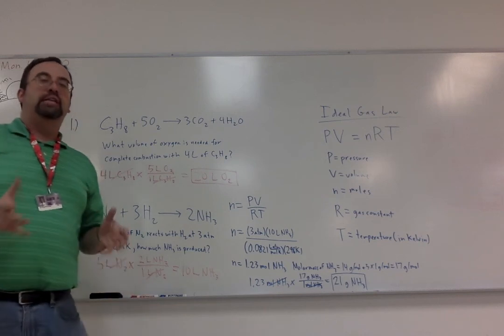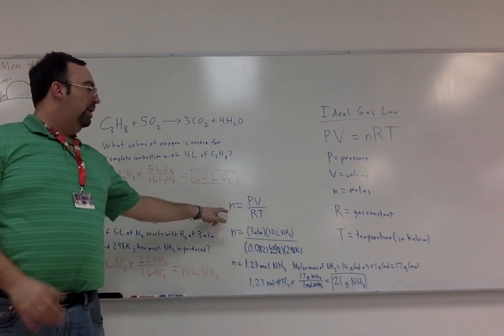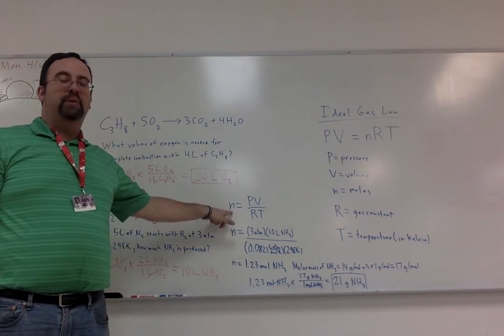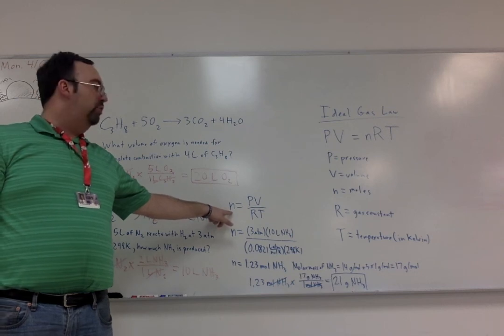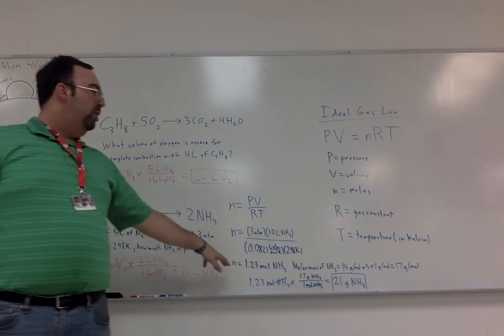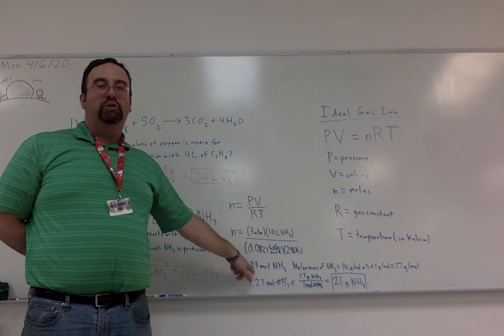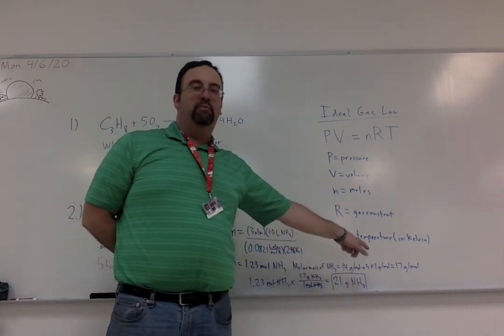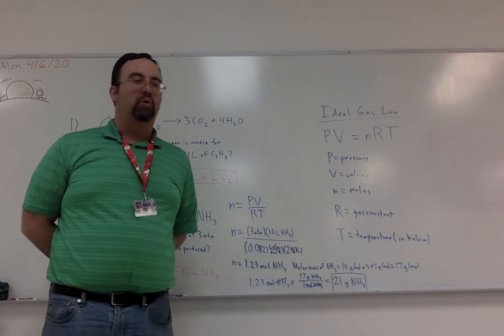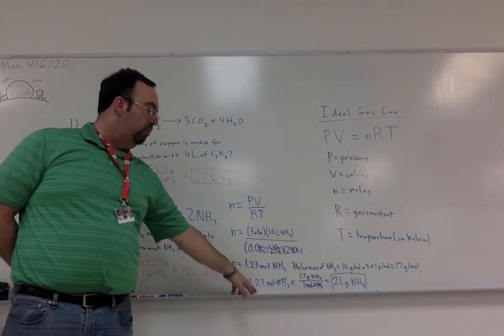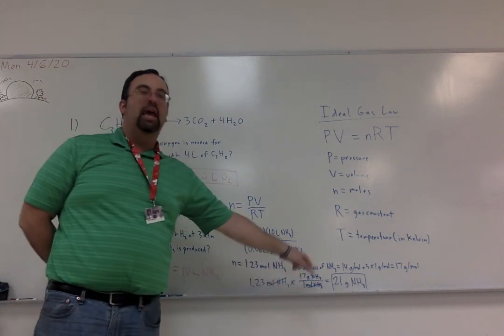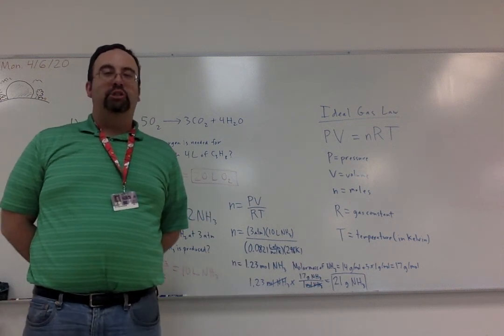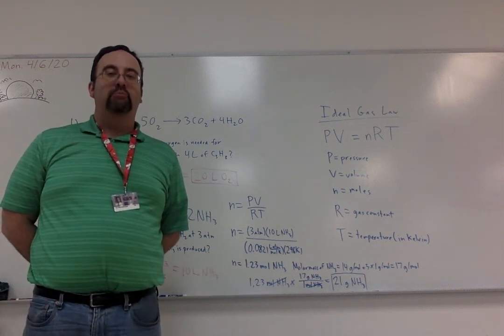Then we can use the ideal gas law in order to calculate the number of moles of ammonia gas that are involved. And so we plug in what we're told. We end up getting 1.23 moles of ammonia. And so by calculating the molar mass of ammonia, which turns out to be 17 grams per mole, we take 1.23 mole, times it by 17, and we end up calculating that we should end up forming 21 grams of ammonia in this reaction.